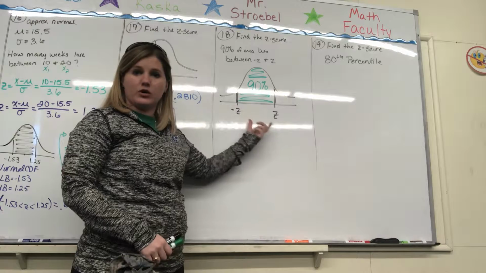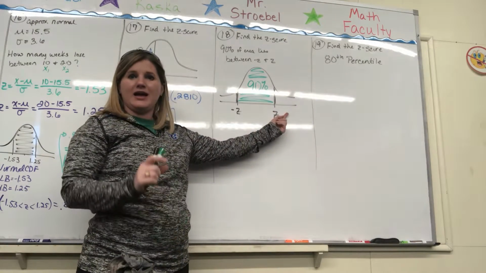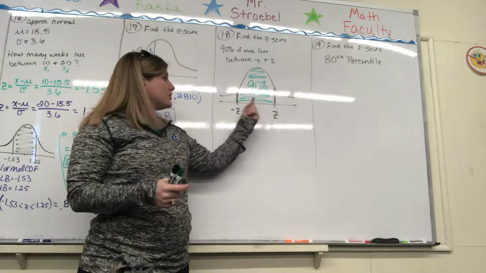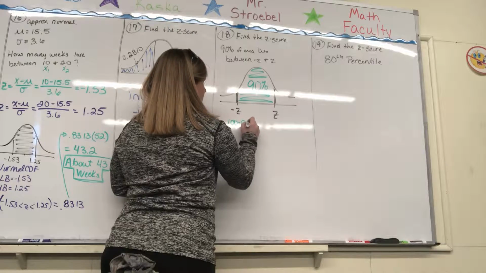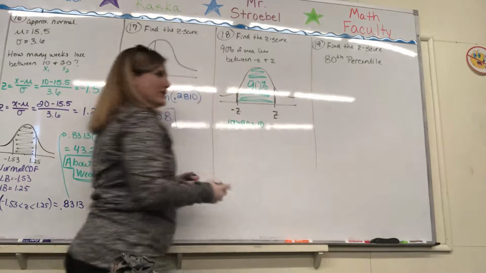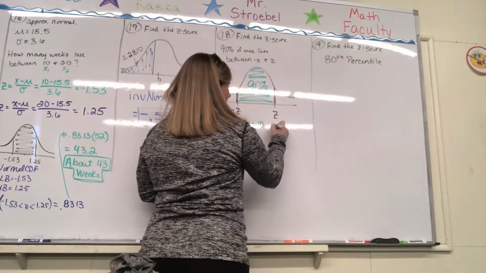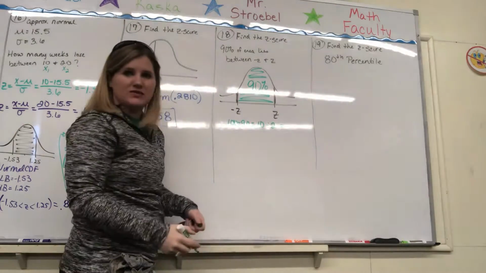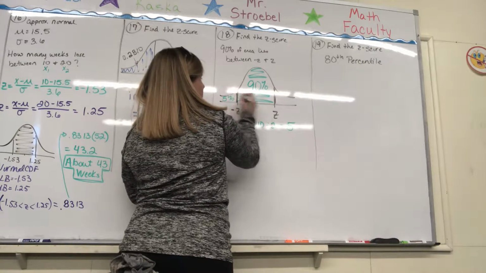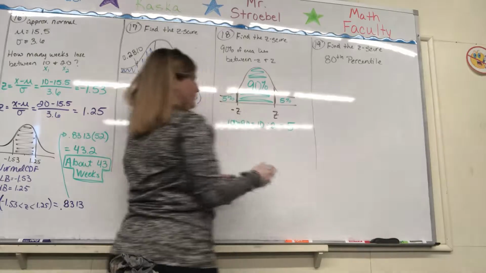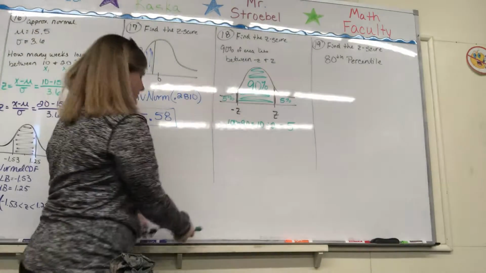And since this is a normal, it's symmetric, so this side and this side are the same area. So 100 minus 90 equals 10% left over. Then we divide that by 2 because we have 2 even pieces, so each side is 5%. So that gets us that whole 100, not 90, I was looking at that.